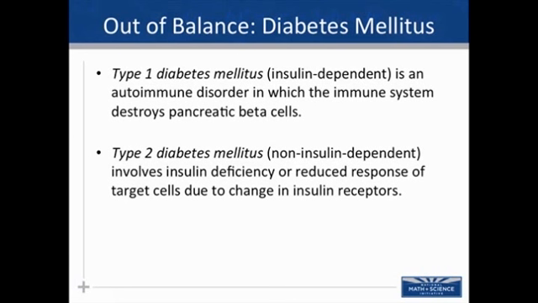So if they are damaged, they can't produce enough insulin to meet the need that the individual cells of the body have. In type 2 diabetes, or non-insulin dependent diabetes, this involves an insulin deficiency, or maybe the cells can't respond properly. The response portion of the signal transduction pathway is interrupted. There could be a change in the receptors and they're not working properly.